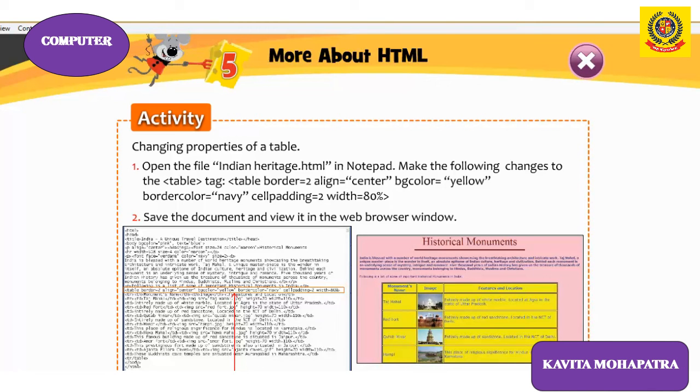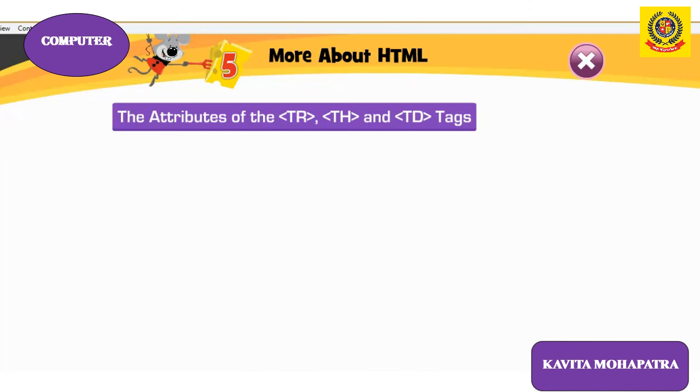Table align equal to center, bgcolor equal to yellow, border color equal to navy, cellpadding equal to 2, width equal to 80%. Save the document and view it in the web browser window. So you can change the border to alignment and you can save.